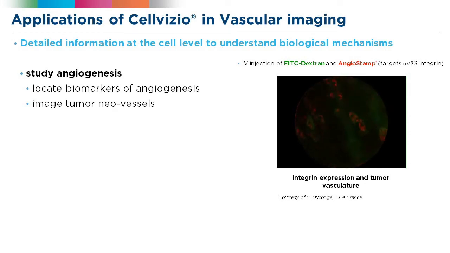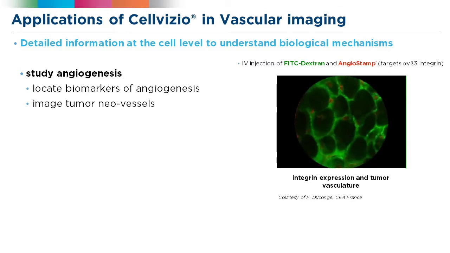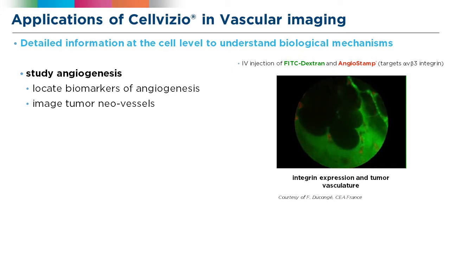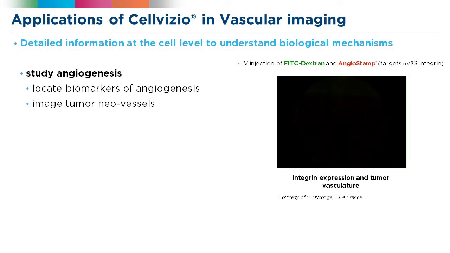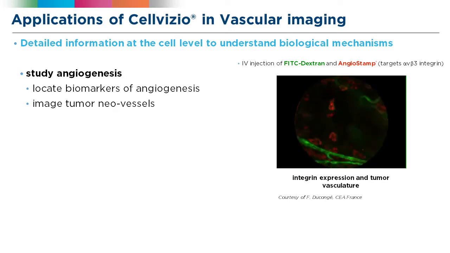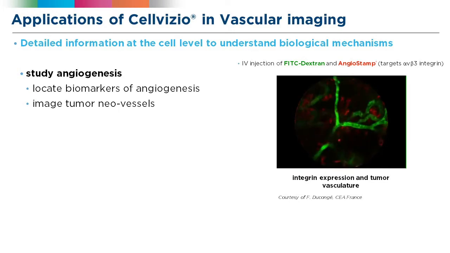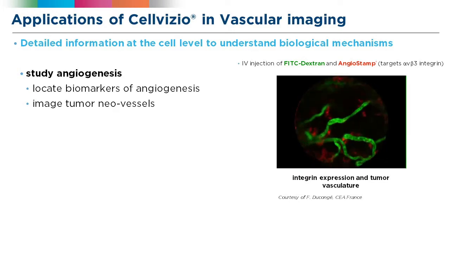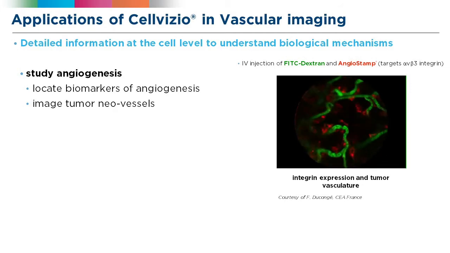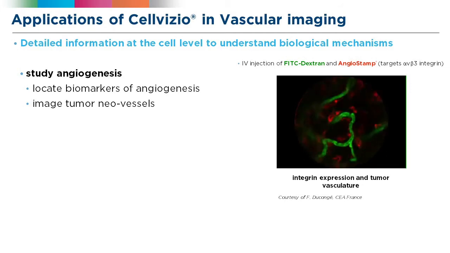So on the video on the right, what you see is a video recorded on a subcutaneous tumor on a mouse. Tumor vessels are highlighted in green with the use of FITC-dextran, and AngioStamp was used to look at integrins that are specific in angiogenesis.